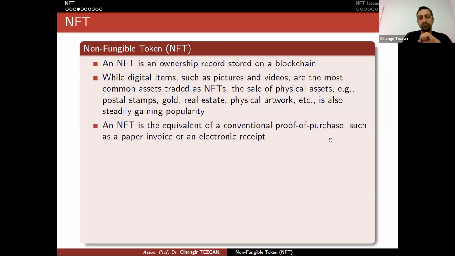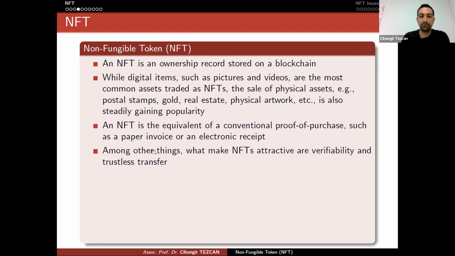That's it. An NFT is the equivalent of a conventional proof of purchase, such as a paper invoice or an electronic receipt. So the NFT that you buy is simply an invoice that is written. That is important. The image, the video you buy, the digital asset, is not on the blockchain.